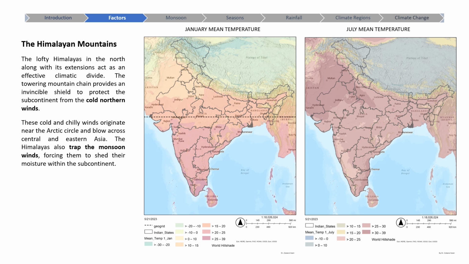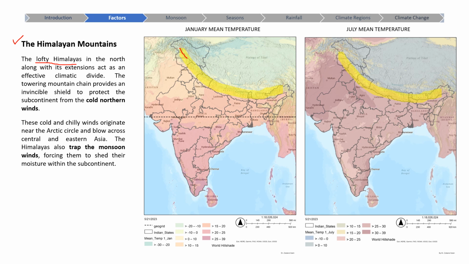Next, we can see the impact of the Himalayan mountains. So the Himalayas are here. These Himalayas are very lofty mountains, and as you know, the average height of the higher range is around 6,000 meters from mean sea level.